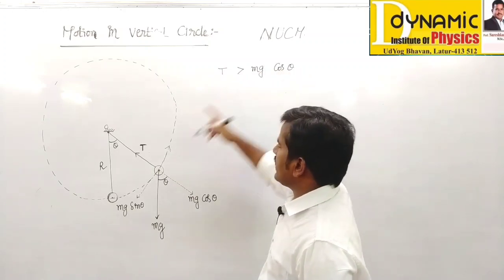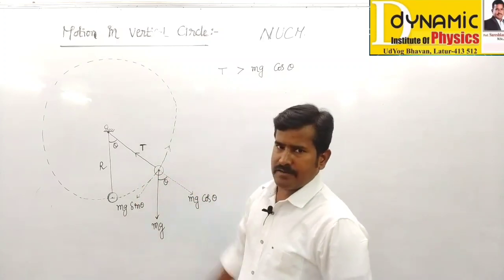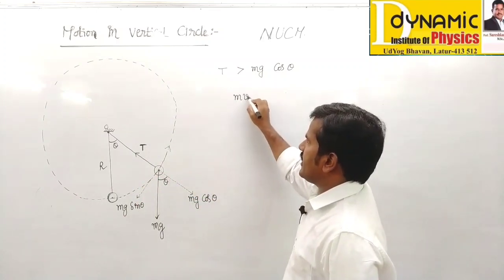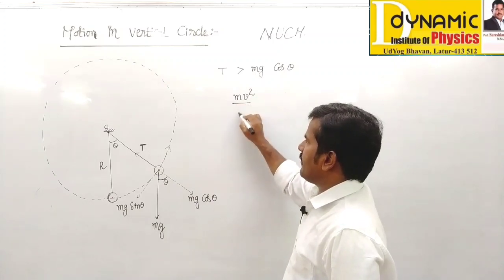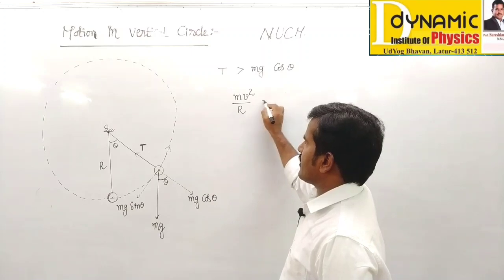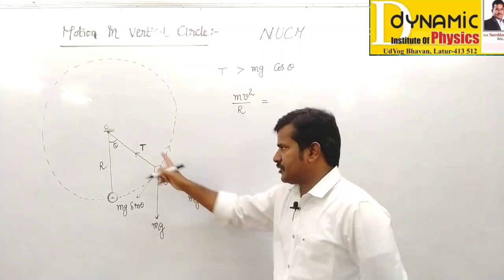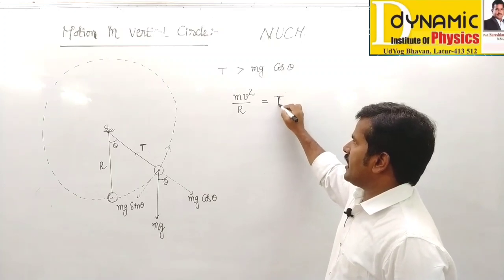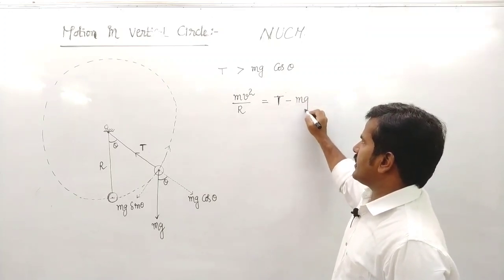The centripetal force is mv square upon r, where r is the radius of the circle, equal to T minus mg cos theta.